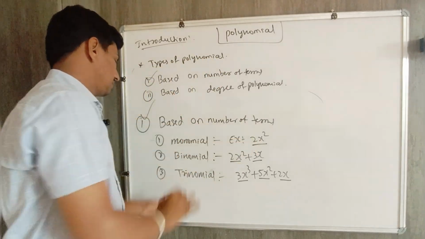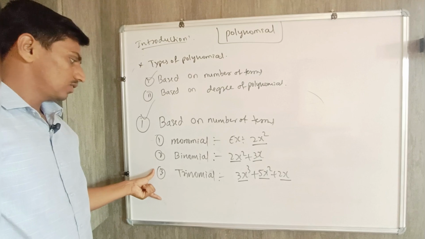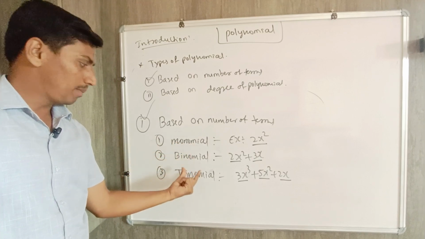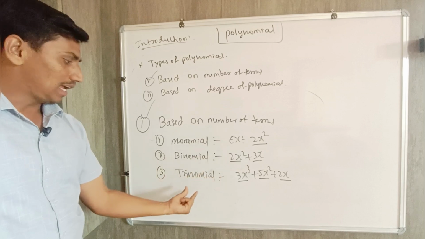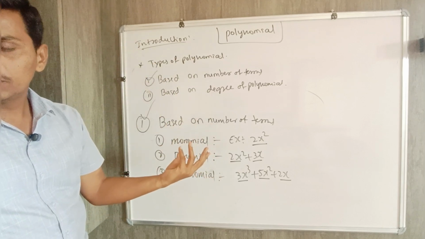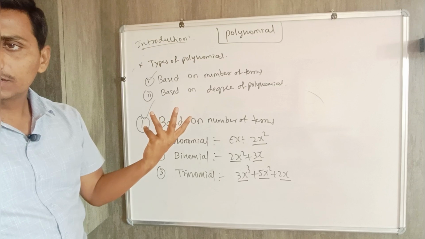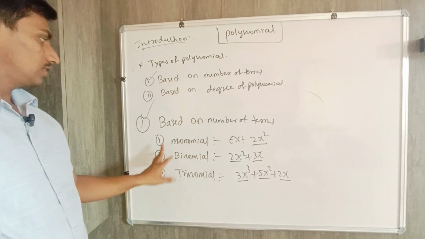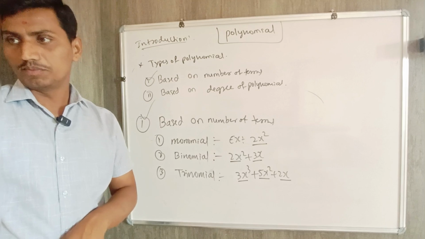There are monomial, binomial, trinomial, and the last one is polynomial. Polynomial means more than three terms.